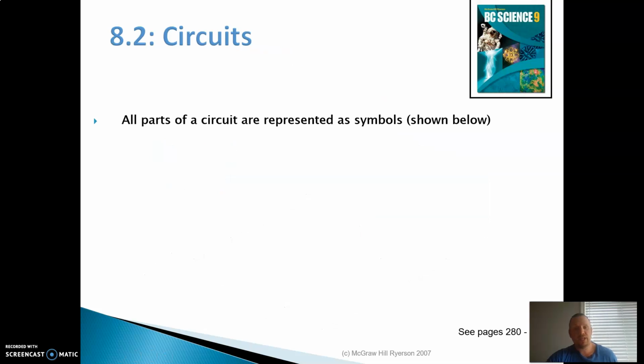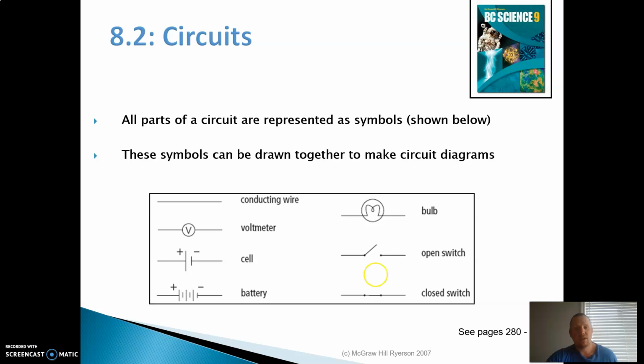So electric circuits, when they're drawn on paper, we use symbols for certain things. And those symbols can be put together to make full circuit diagrams. So here are the symbols you're going to need to know. Just a straight line, that's just a conducting wire.